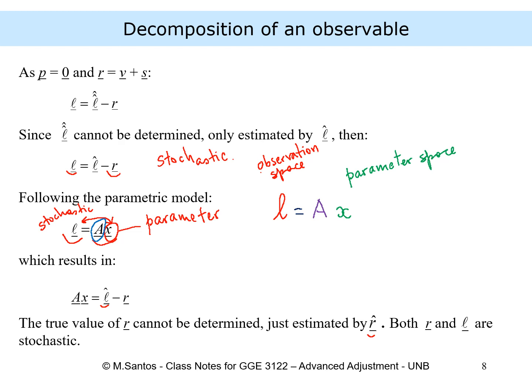By means of the design matrix. The design matrix relates parameter space and observation space.